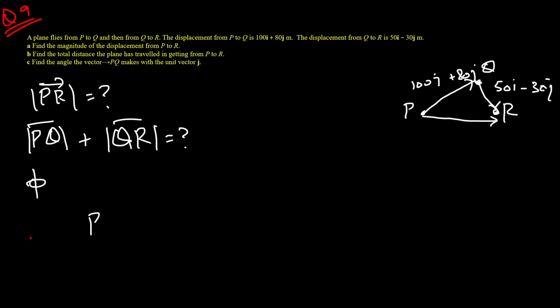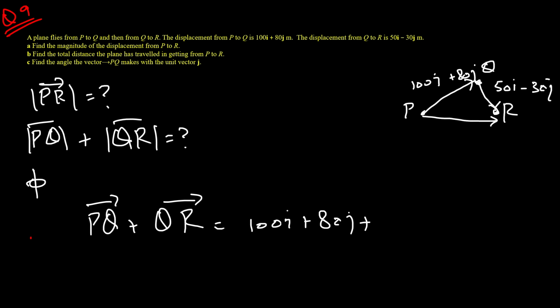So PQ plus QR is equal to 100i plus 80j plus 50i minus 30j, which is equal to 100 plus 50, which is 150i, plus 50j. This is vector PR.